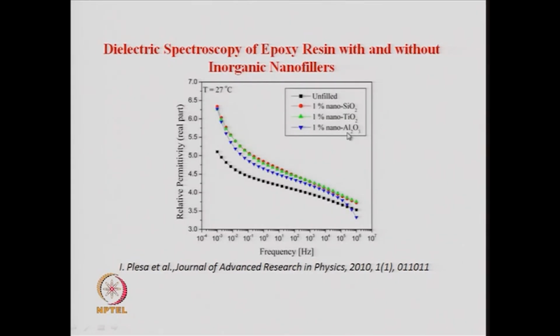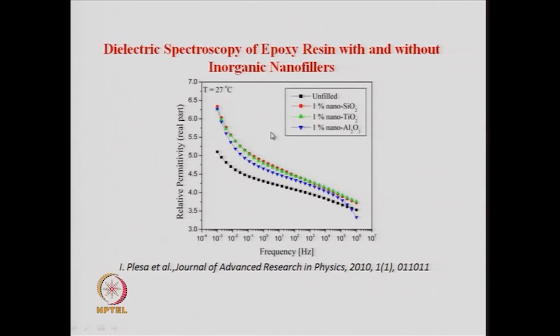Whatever be the material, just 1% of the nano sized material of any of these three increases the relative permittivity, that means increases the dielectric constant by some value. You see the numbers go from 5 to 6.5 here, and here the numbers go from say 3.75 to somewhere 4.25 or something, 4.1.